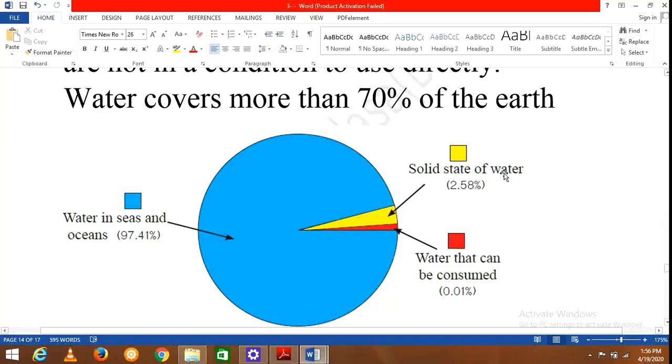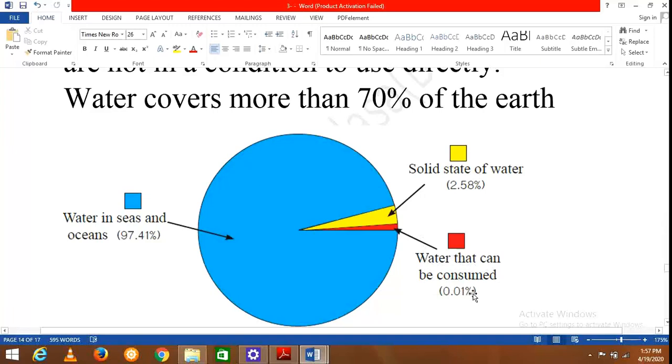You have learned about the types of water based on physical state. So nearly 3% is existing in the solid state, and the water that can be consumed is less than 1%. It is 0.01%.